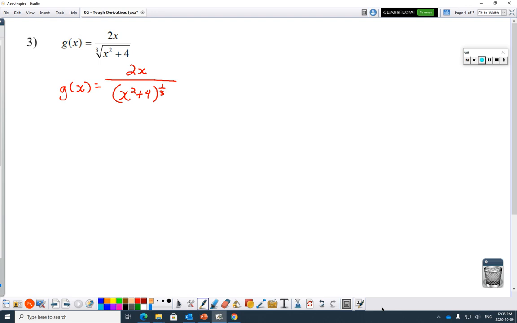Third root is not written the way we like for derivatives. We want the exponents as fractions or as negative exponents when we're taking derivatives. In the final answer, we want it the other way, which right now just seems like me making up rules. In a few lessons, it'll be clear why we want the root back in the final answer.